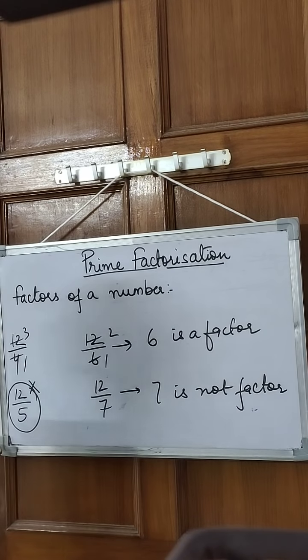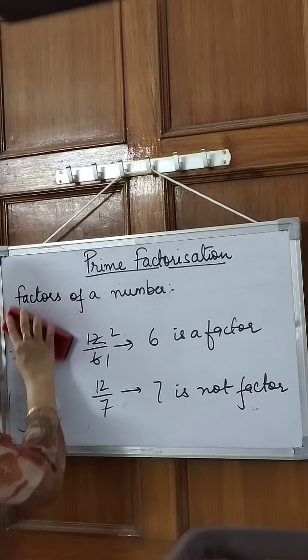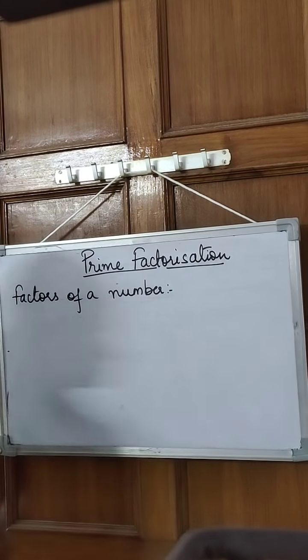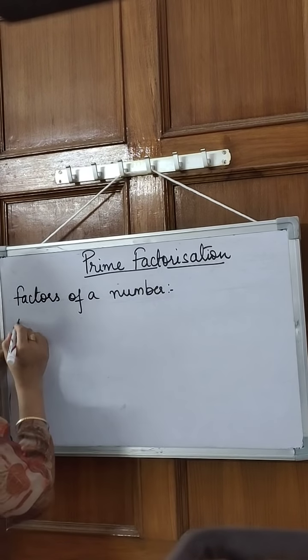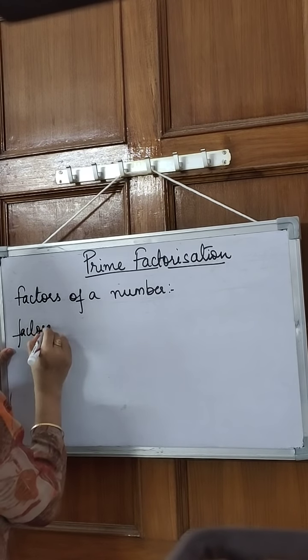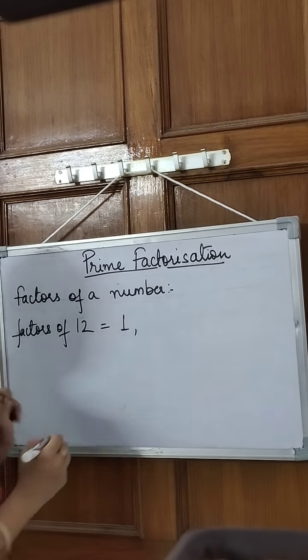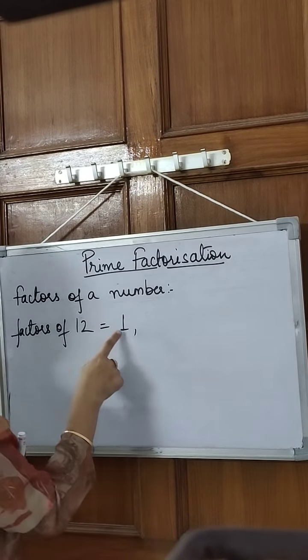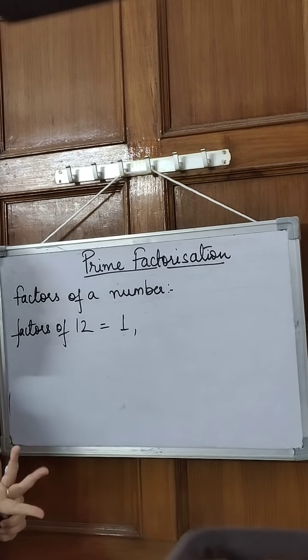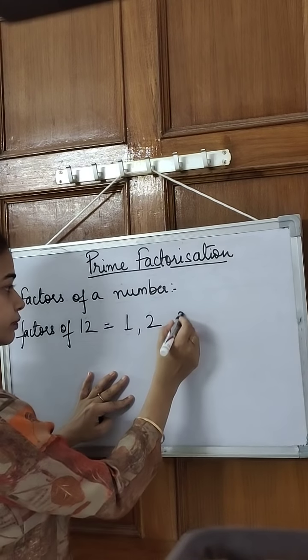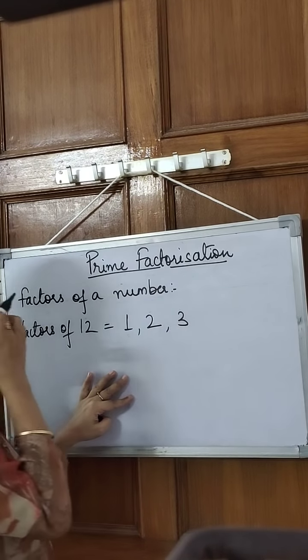Yes. So if I see for 12, what are the factors of 12 that we have actually found out here? Factors of 12. 1 obviously. If you take 1 and divide 12 by it, you can divide it. 2. 12 is divisible by 2. 3. 12 is divisible by 3 as well.